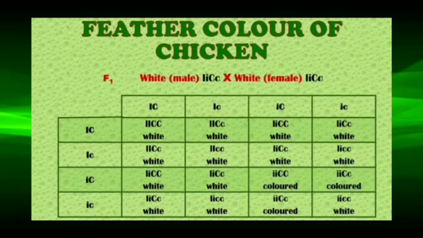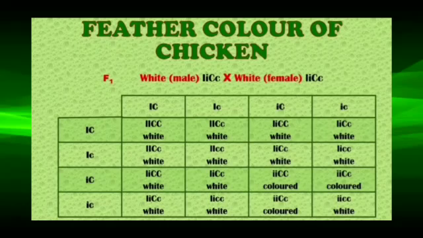In the case of feather color of chicken, this example is used to illustrate the overall coloration of the chicken. The color of a chicken feather is determined by the interaction of two gene loci, capital I small i and capital C small c. Capital I small i here is the epistatic gene.